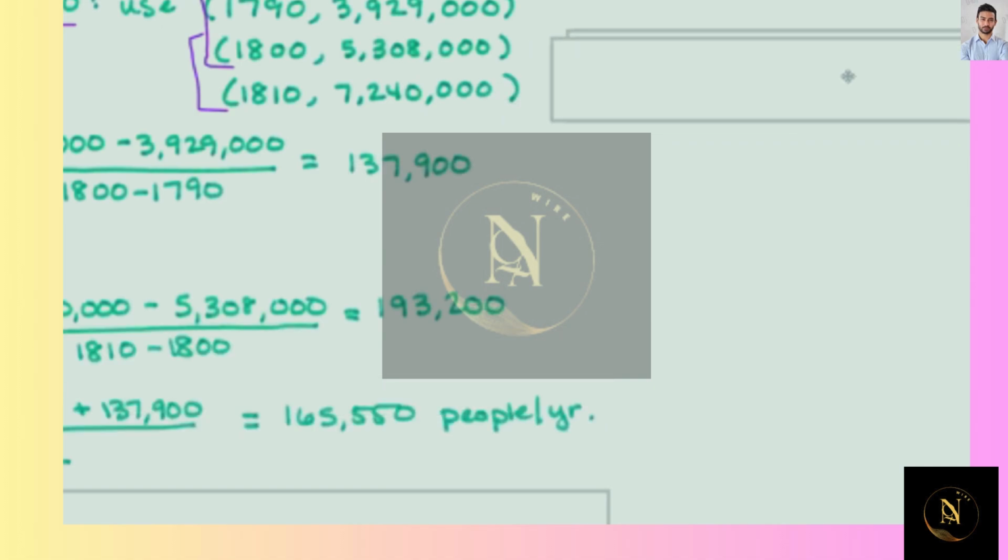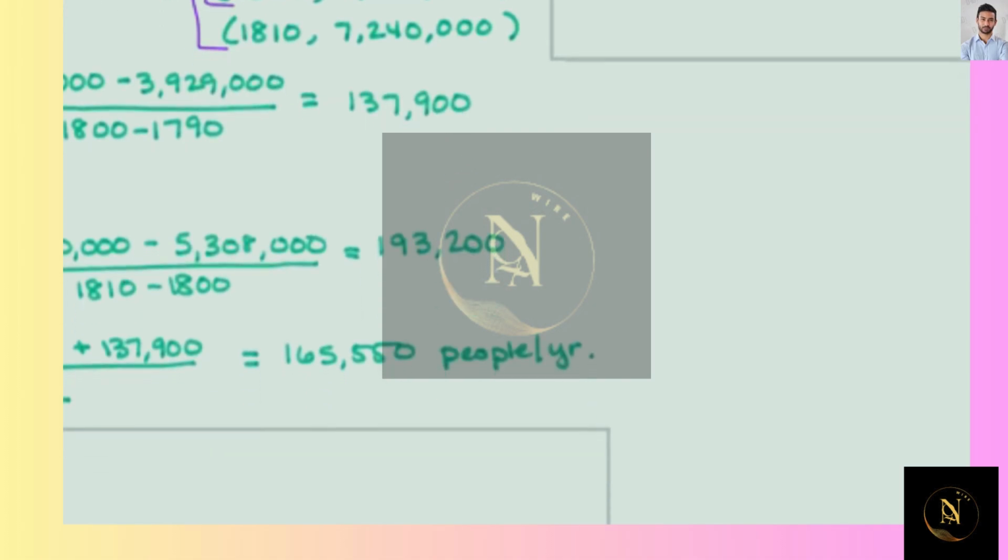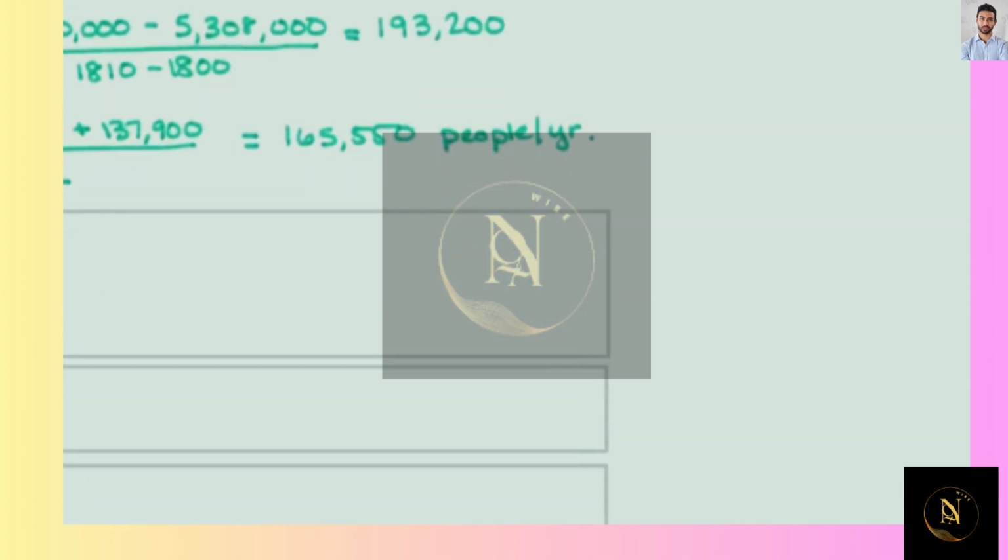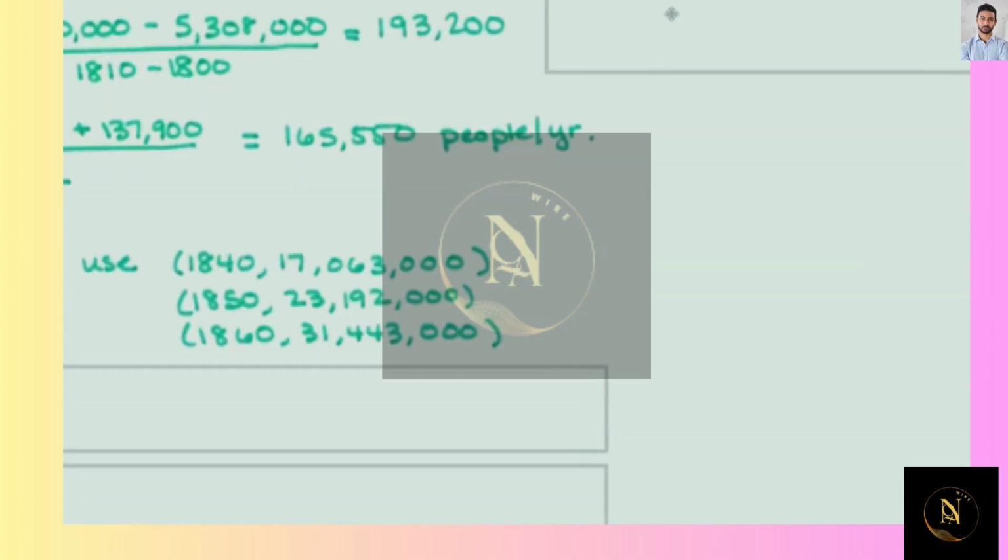Let's average those two numbers, add them together and divide by 2, and this is our estimate for the rate of change of the population in the year 1800. We think at that time the rate of change was 165,550 people per year.